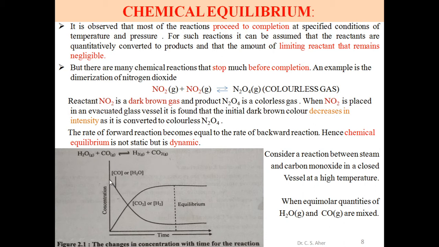As the reaction proceeds, the reactant concentration goes on decreasing as time proceeds. When the reactant concentration decreases, these reactants are converted into product, and the product concentration, initially 0, begins to increase. As much reactant is consumed, that much product starts to form, and the reaction goes in this direction.